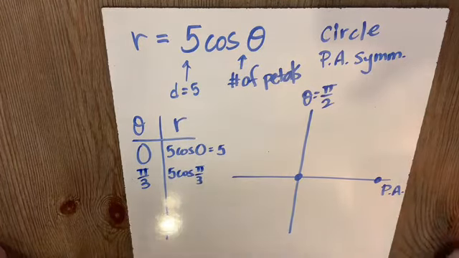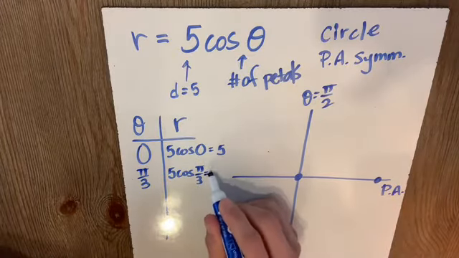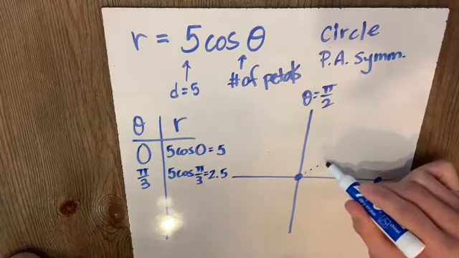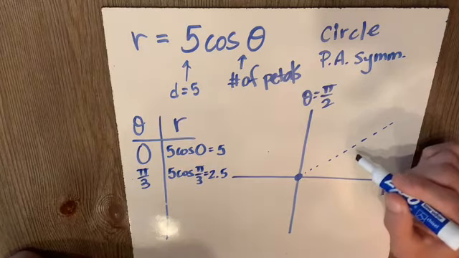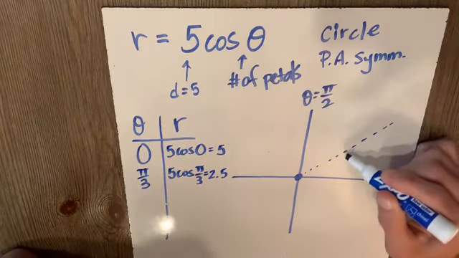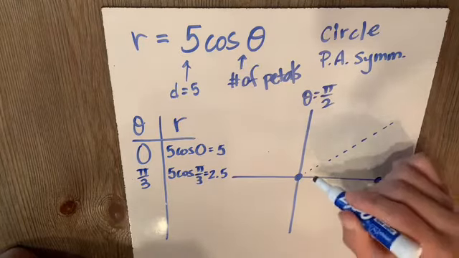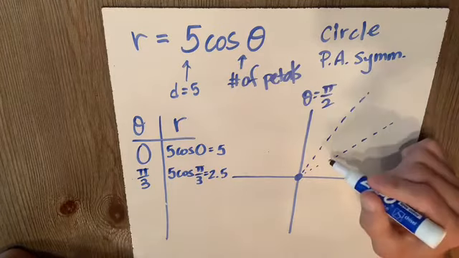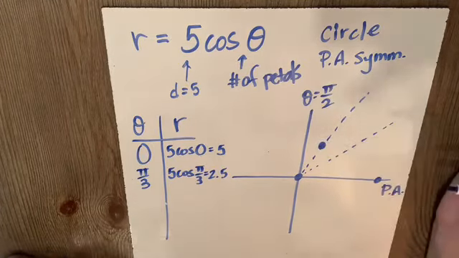Well, we know cosine pi over 3 is 1/2 times 5 is 5 over 2, or 2.5. So at an angle of pi over 3, say, we're going to be at 2.5. So we'll call that here. If this one is 5 away, actually it's going to be up like this, isn't it? For pi over 3. So that's going to be about there.